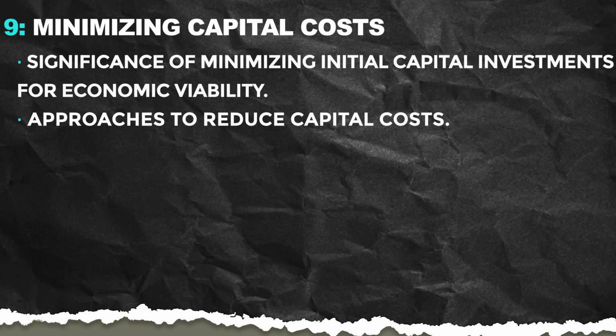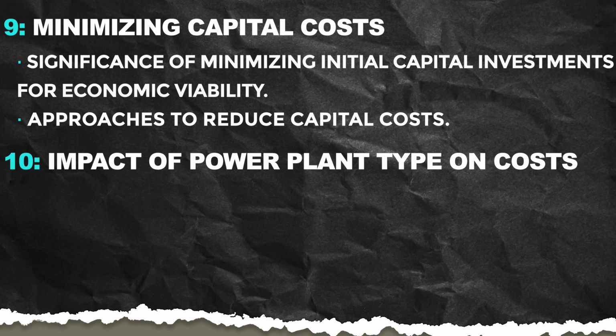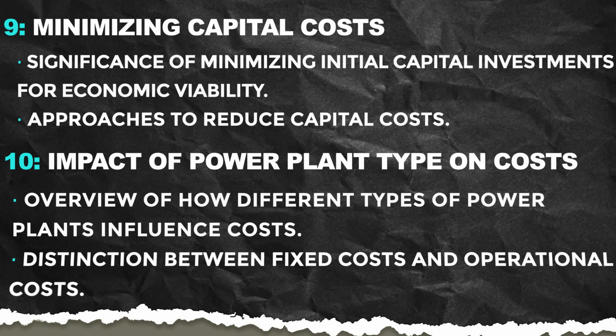After that, in minimizing capital cost, we will see the significance of minimizing initial capital investment, an economic approach to reduce capital cost. In the next point, we will see the impact of power plant. In that, we will see types of cost, an overview of how different types of power plant influence cost, distinguishing between fixed cost and operational cost.